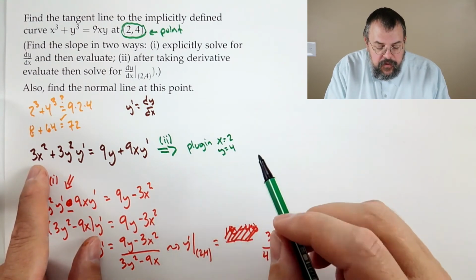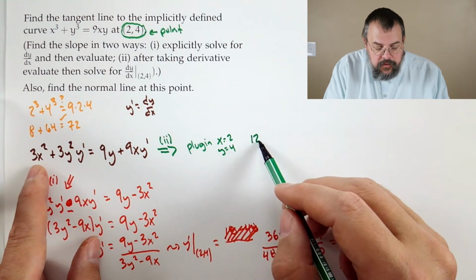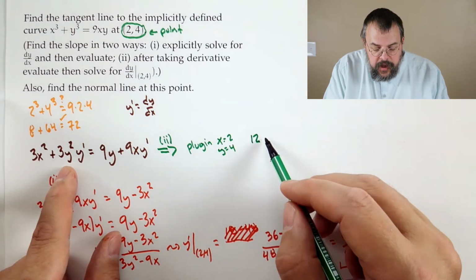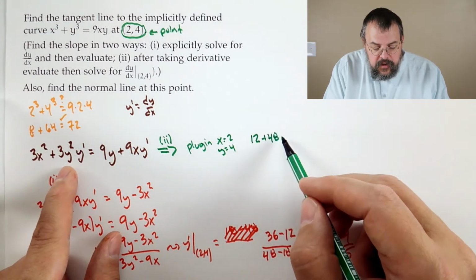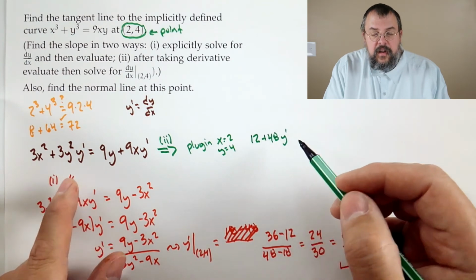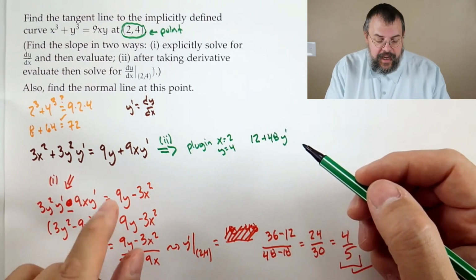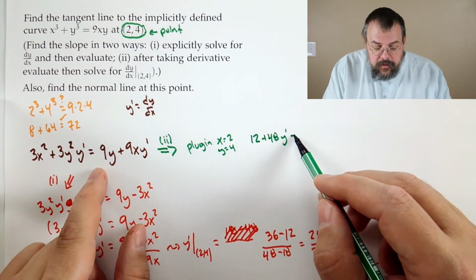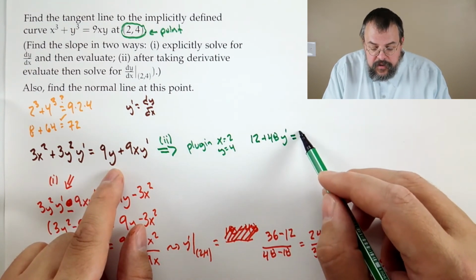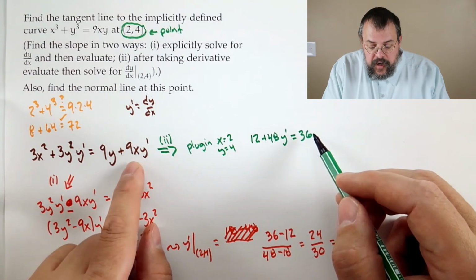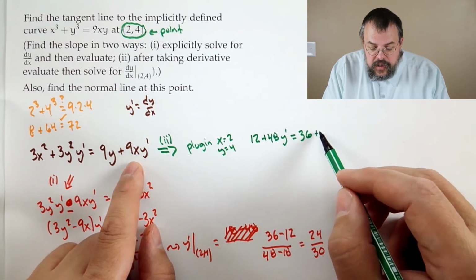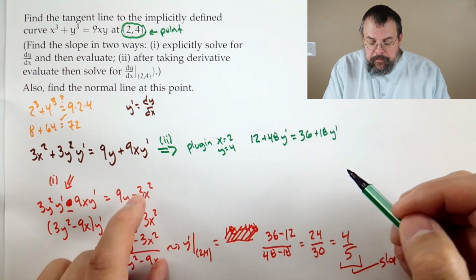We have 3 times 2 squared, which is 12. 3 times 4 squared, which is 48. And then y prime. Technically, it's y prime evaluated at the point, but we'll abuse our notation and not actually write it out, is equal to 9 times 4, which is 36, plus 9 times 2, which is 18, y prime.